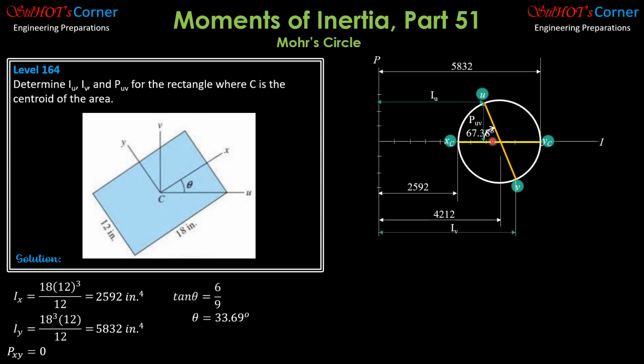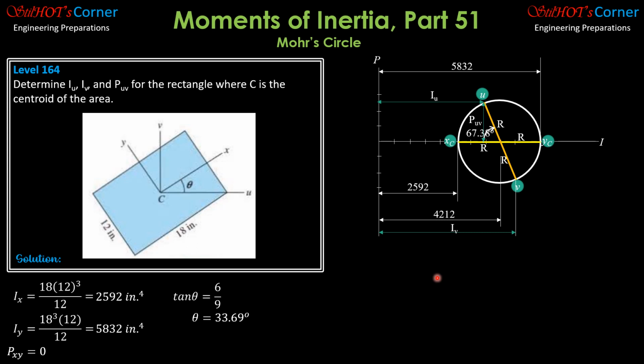Since we have a right triangle with radius r as the hypotenuse, the projection here is r cosine of 67.38 going to the left, so we subtract it from 4212 at the center. So that's r, the radius of the Mohr circle.